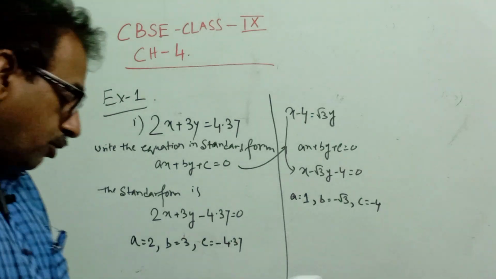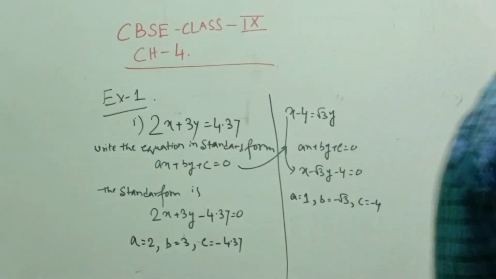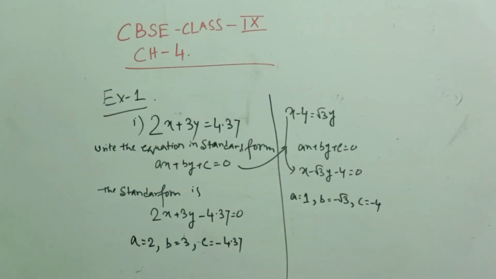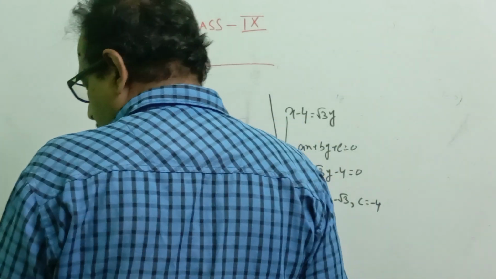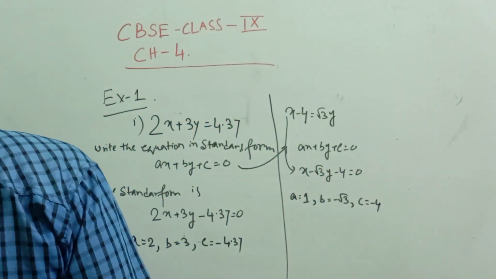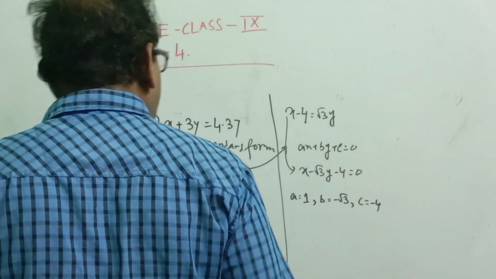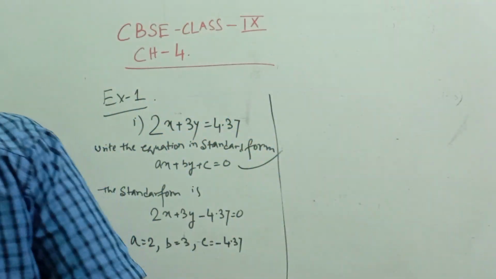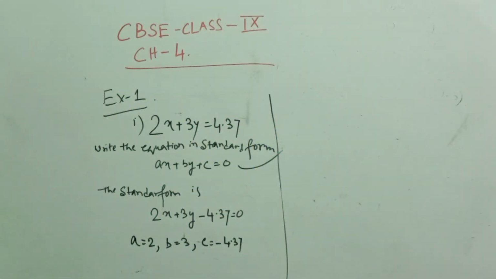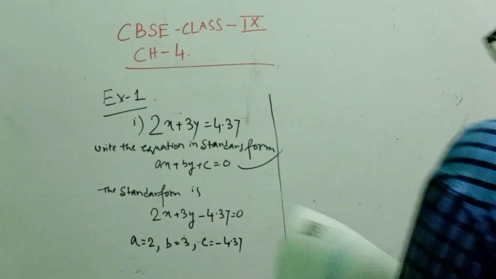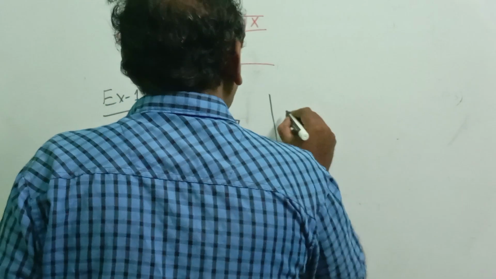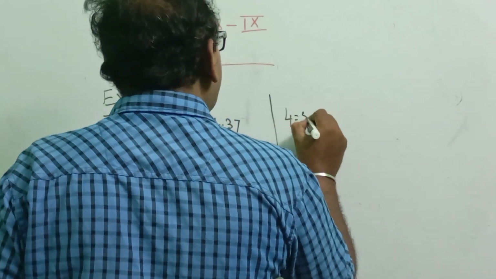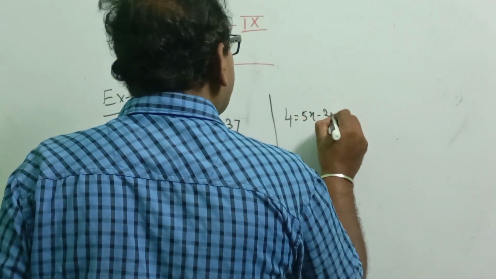Now if we go to the third one, it is very simple. They have given 4 is equal to 5x minus 3y.